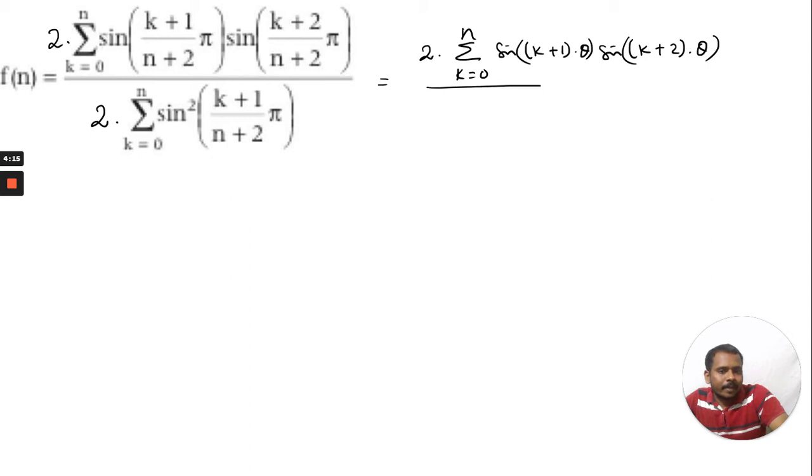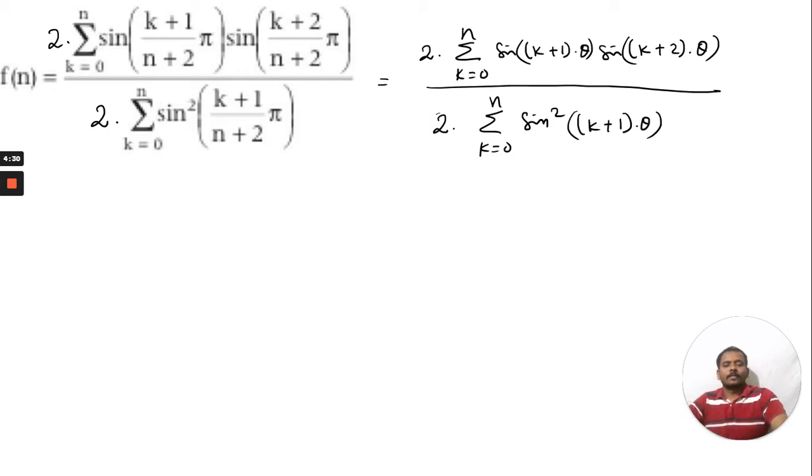Whole divided by 2 into sigma k equals 0 to n sin squared (k+1) theta, right? So now we have this in the form sin of (c+d)/2 into sin of (d-c)/2.